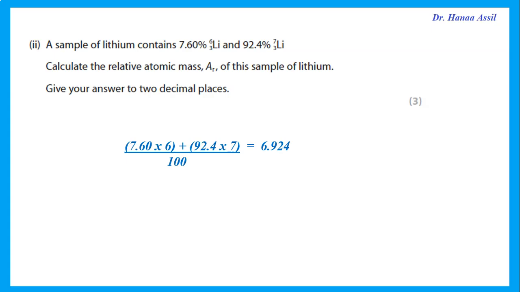The percentages should be a total of 100. So this comes out to be 6.924. Have we finished? Please notice the question says give your answer to 2 decimal places. So this has to be 6.92. Please remember to round correctly. So this in 2 decimal places is 6.92.